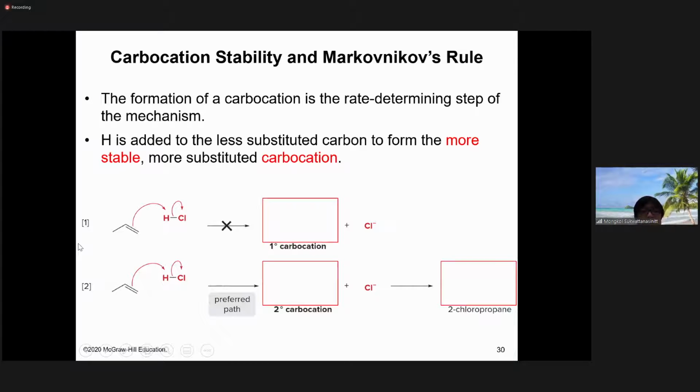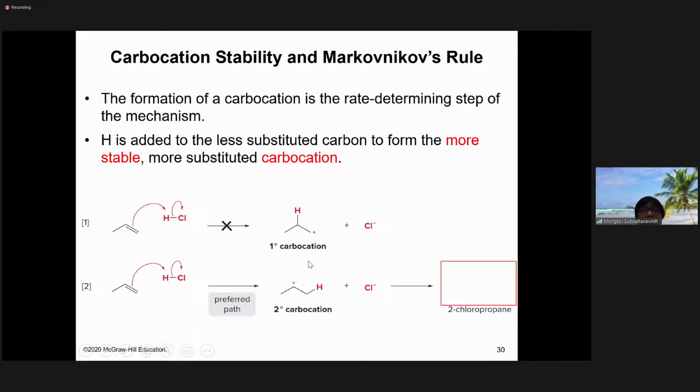Let's look at the first option here. If the hydrogen adds to the internal carbon here, you get the primary carbocation, which we say is very unstable, right? But if the hydrogen adds to the terminal carbon here, you get a secondary carbocation, which is more stable.